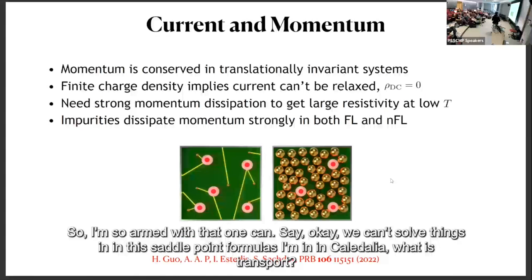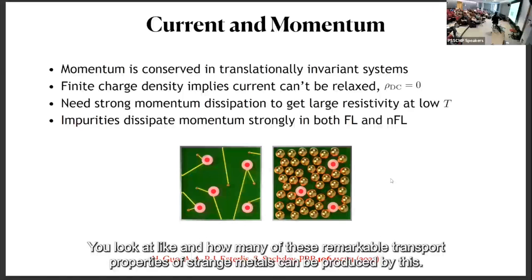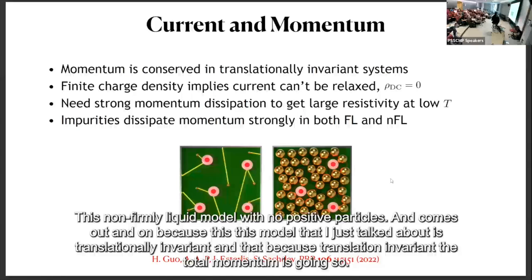So armed with that, one can say, okay, we can solve things in this saddle point formalism and Migdal-Eliashberg, so what does transport look like, and how many of these remarkable transport properties of strange metals can be reproduced by this non-Fermi liquid model with no quasiparticles?